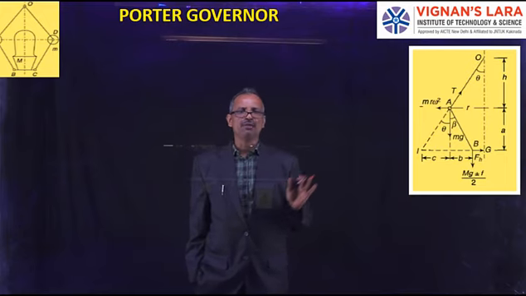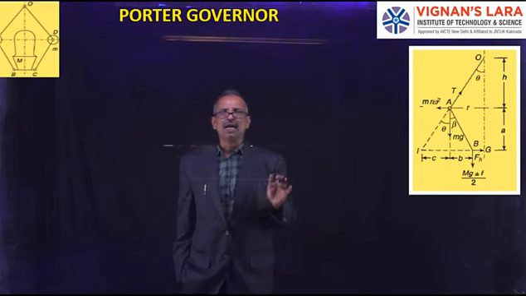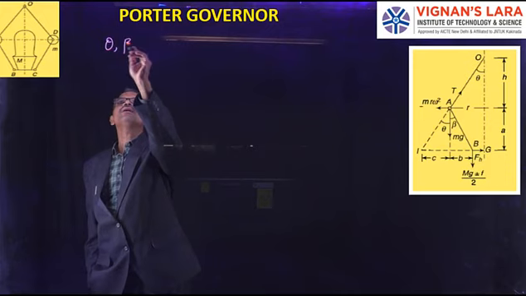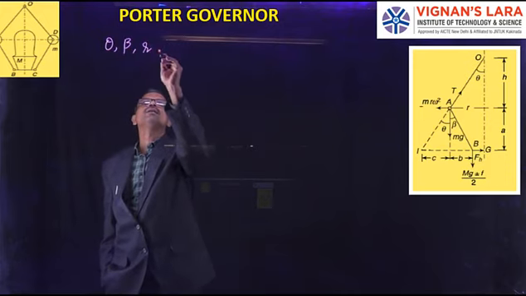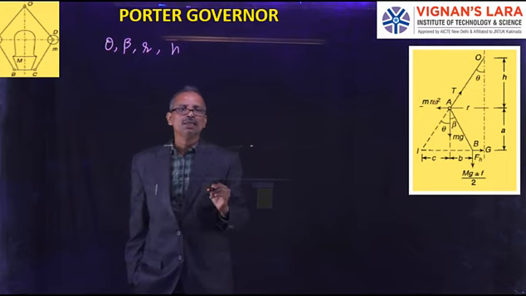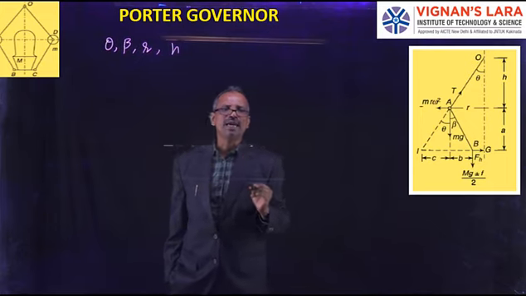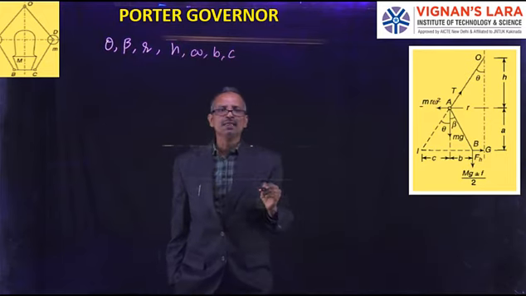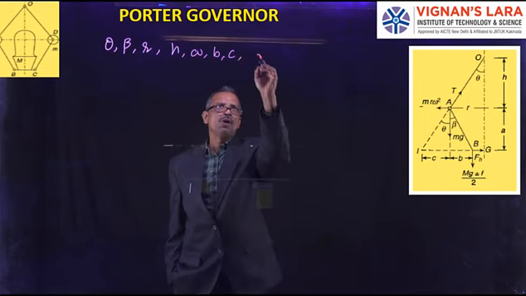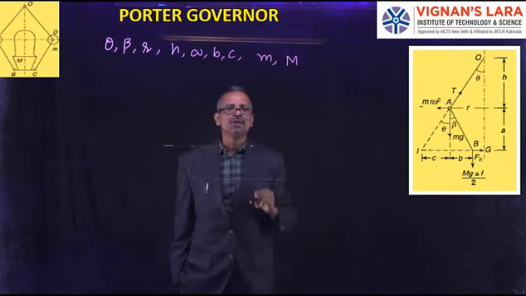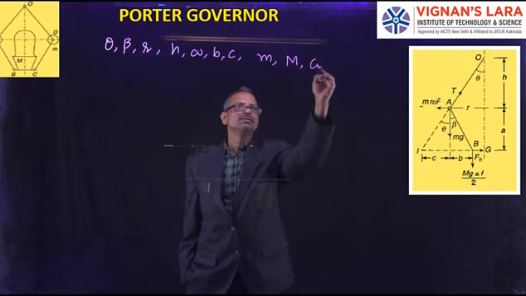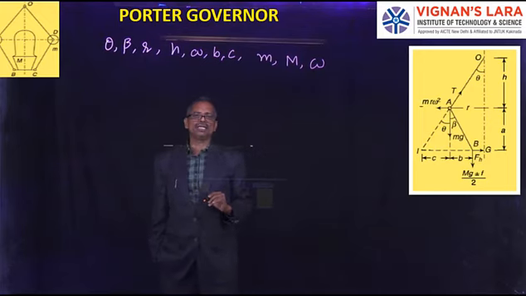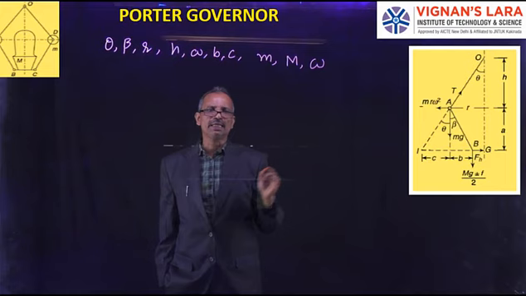The terminology I have used is theta, beta, R, H, then A, B, C, then small m, capital M, and omega. These are the various terms. Let us see them in the diagram.